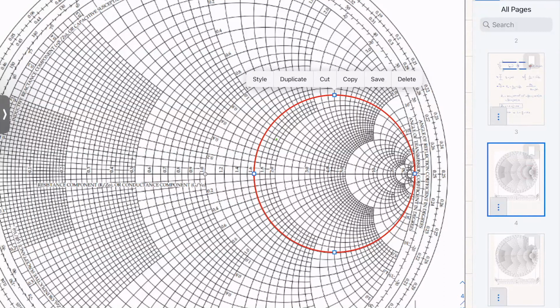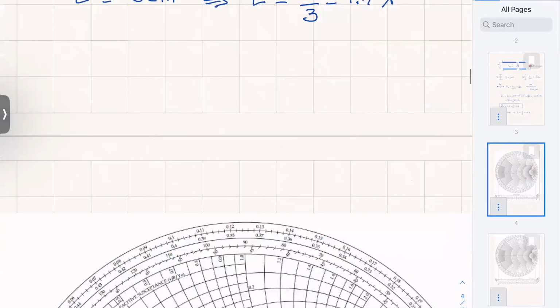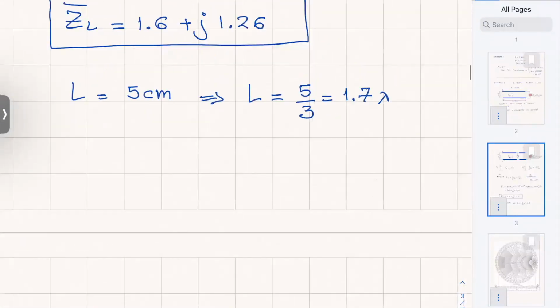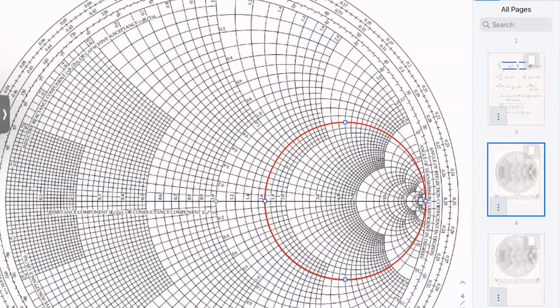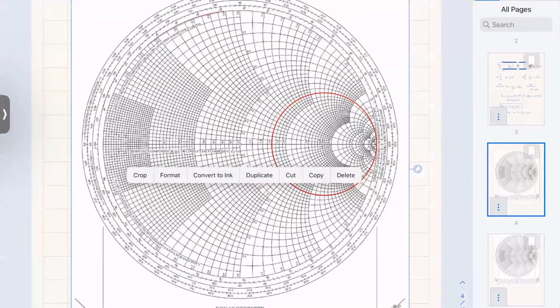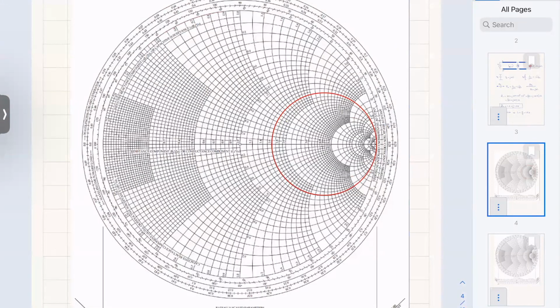Okay. All right, so now we find the reactive part of the impedance was 1.26. Where do we read 1.26? Out here, we read it. So we read that out here, okay?